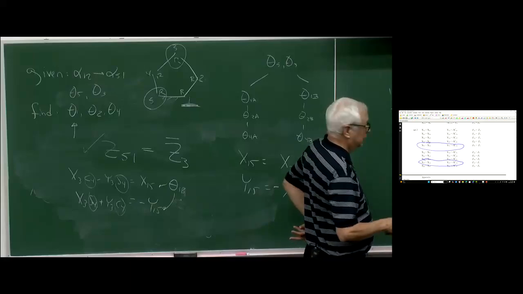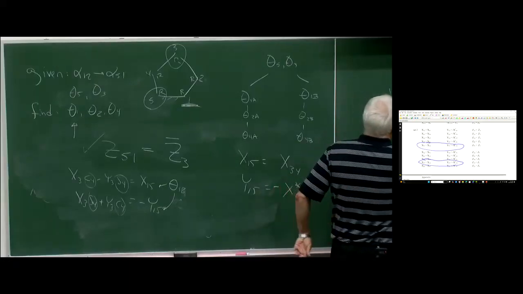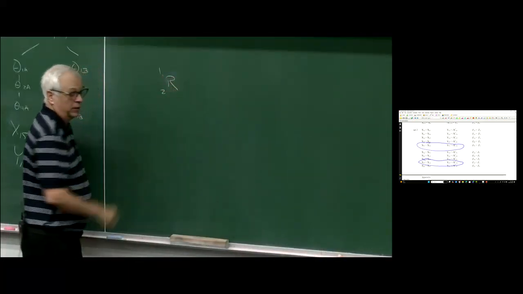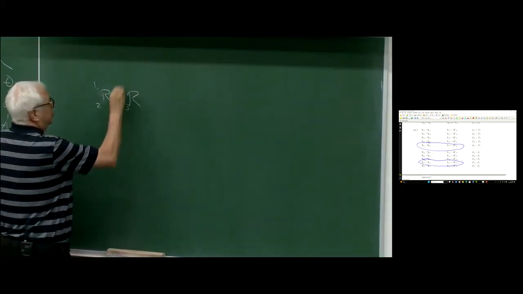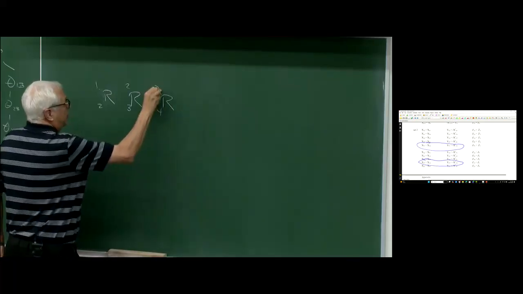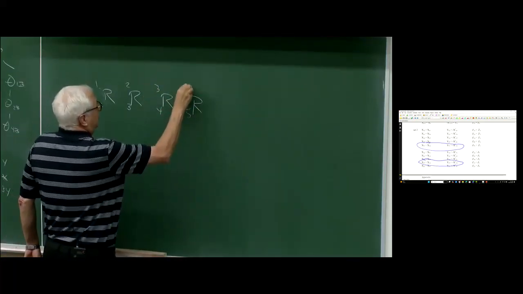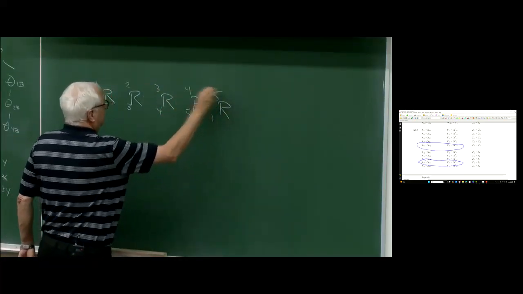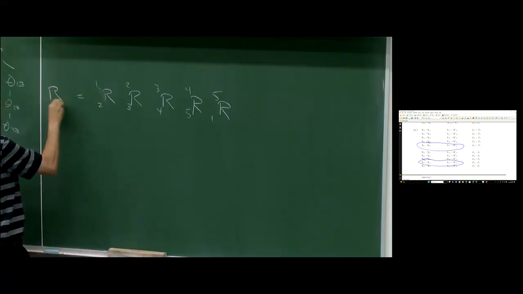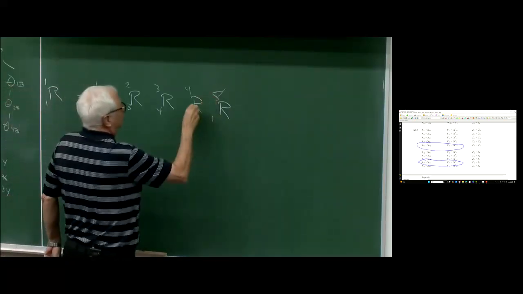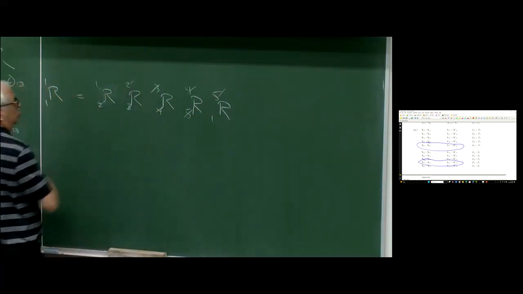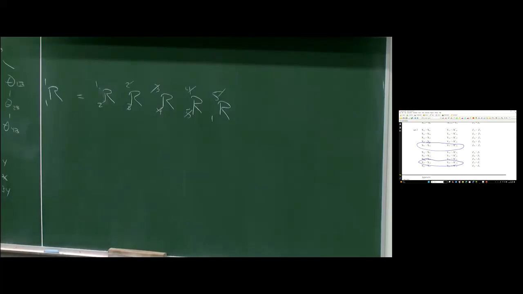For the spherical mechanisms, we only need the rotation part, right? Because the origins haven't moved, they're all the same. And then you could evaluate this matrix, and this matrix, and this matrix, and that matrix. And if we multiply them all together, you're going to get the rotation matrix of 1 relative to 1, which should be the identity matrix.